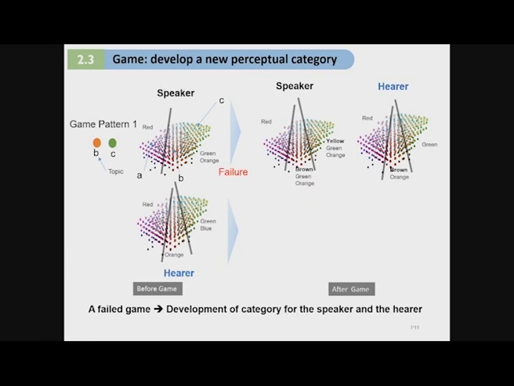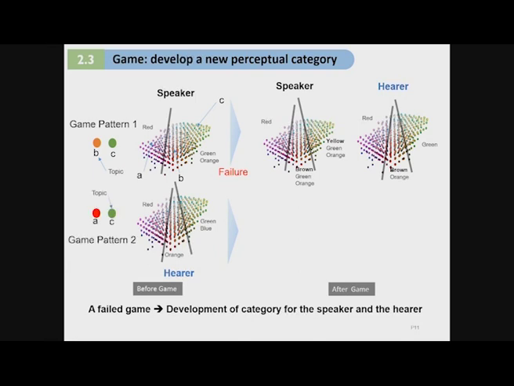The hearer has never heard of this word, so it's a failed game. In this case, the hearer will also learn this word and put that word into the inventory of the category that can be associated with the topic of that game. So a failed game triggers some development of category for both the speaker and the hearer.